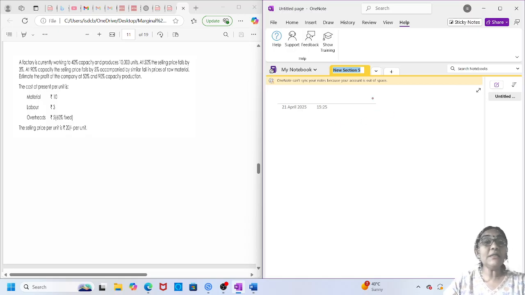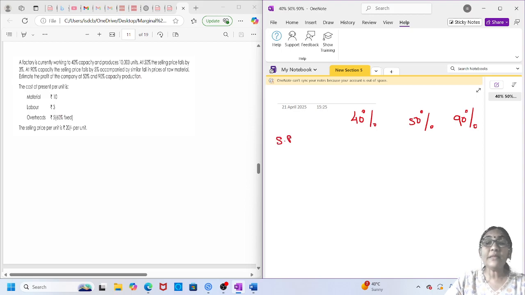So here we make a tabular form wherein we will do the calculation for 40%, 50% and 90%, right? So the selling price is going to be the same. Selling price per unit is going to be 20.